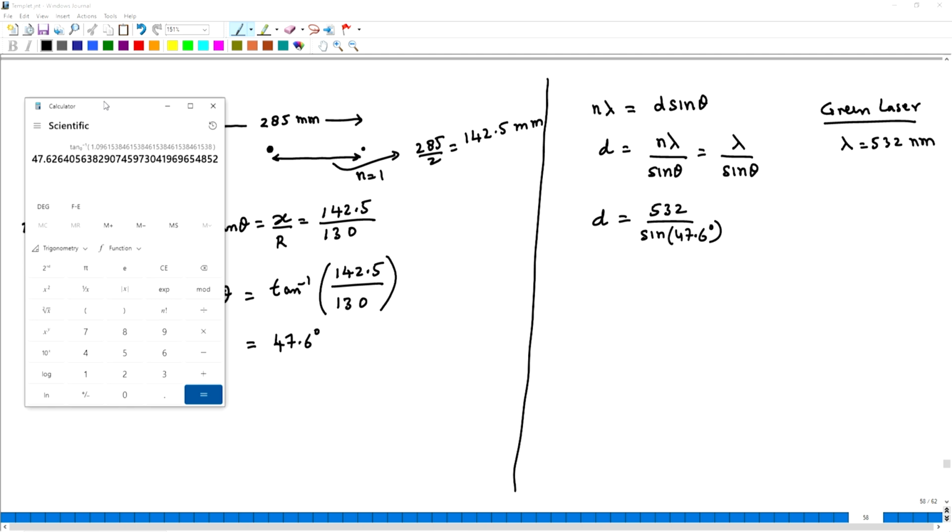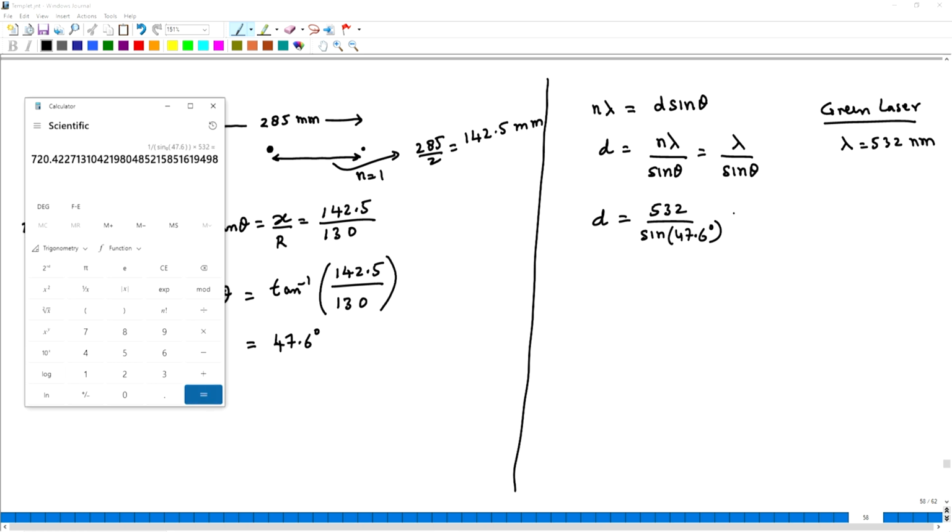So, let us calculate this. We first take the sine of 47.6, which is 0.738. It is in the denominator, so let us take the reciprocal, 1 upon x, and you get 1.35 multiplied by the wavelength, which is 532.